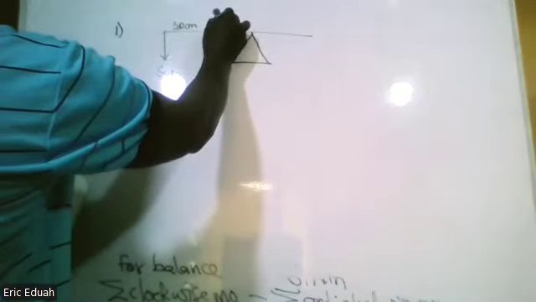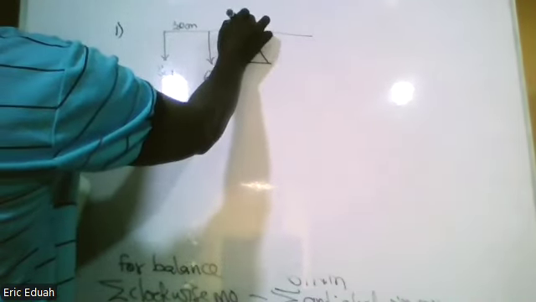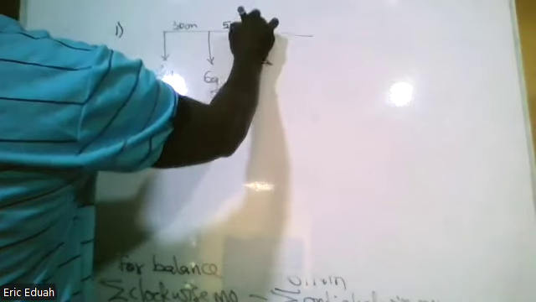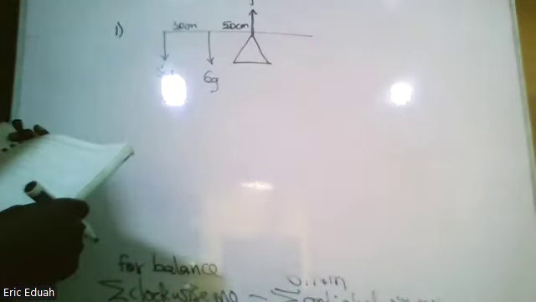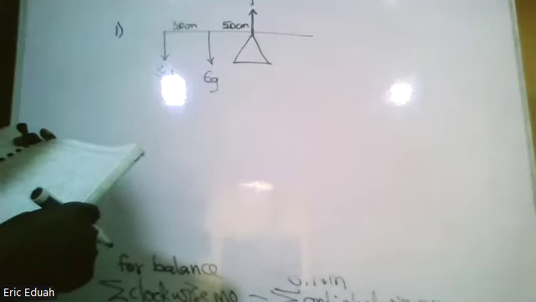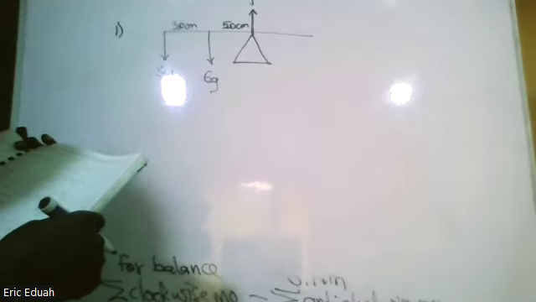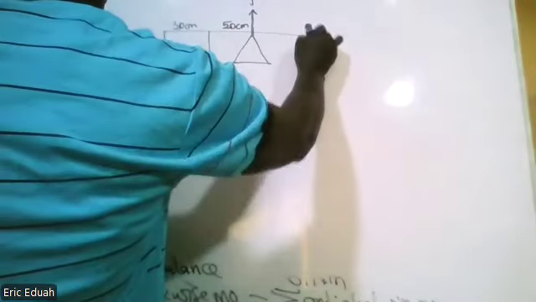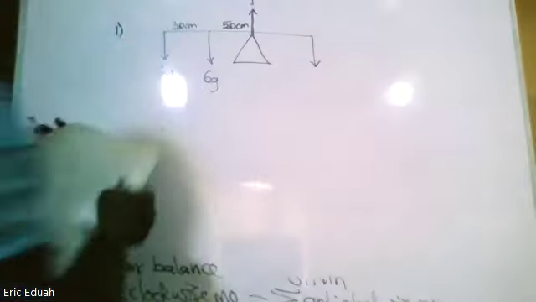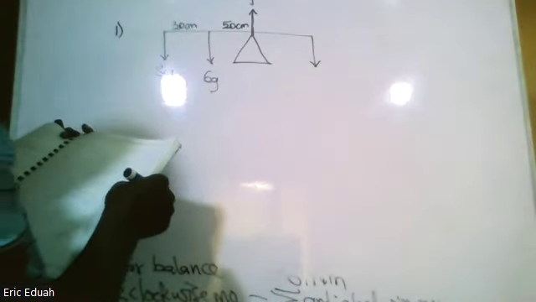Distance between this 50. There is an unknown force here, P. Then we have this mass of 20 gram, which is unknown.